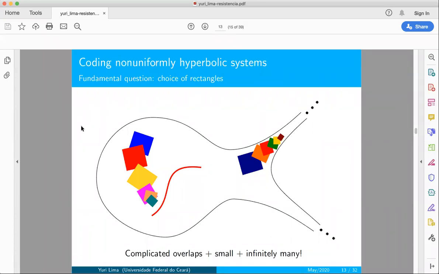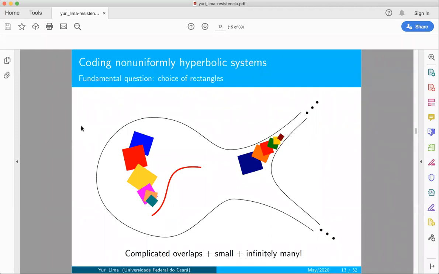So there might be a rectangle here and a very nearby rectangle in which the position of themselves, the overlap that they have, does not depend one on the other. And this makes not only the overlaps complicated, but also these rectangles are going to be very small. The smallness of rectangles can be given either by the bad non-uniform hyperbolicity that you see, or by the proximity to this red curve, or by approaching some points at infinity.